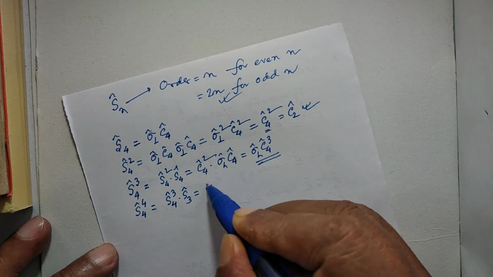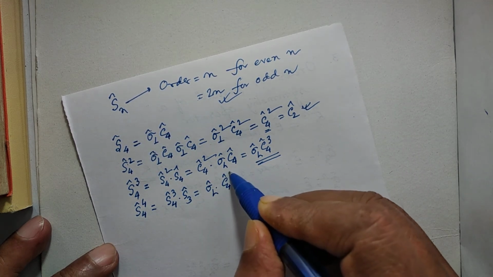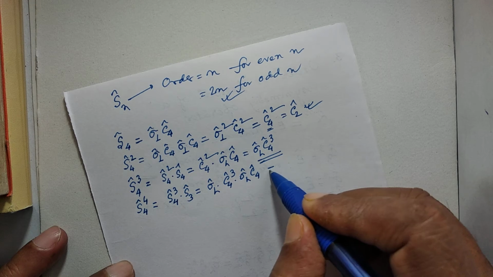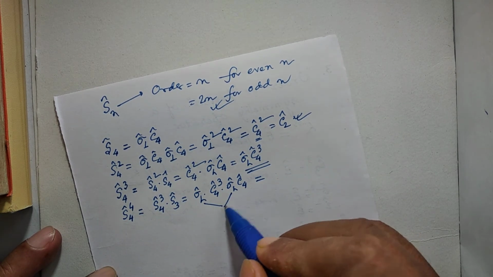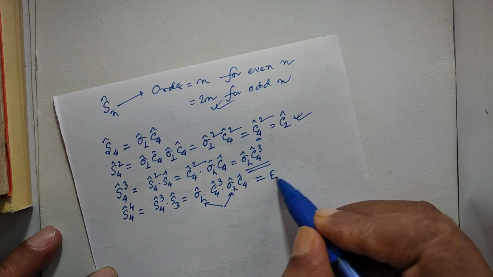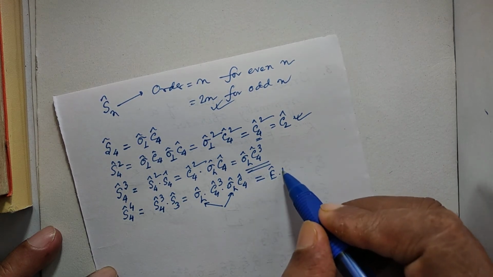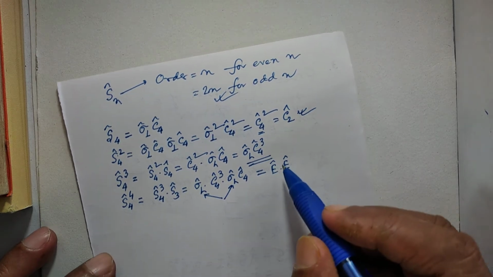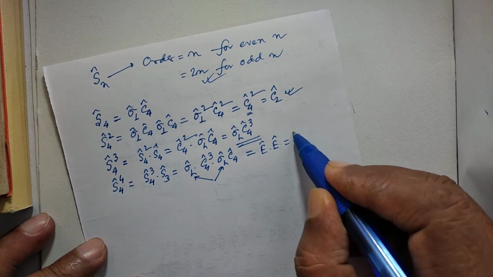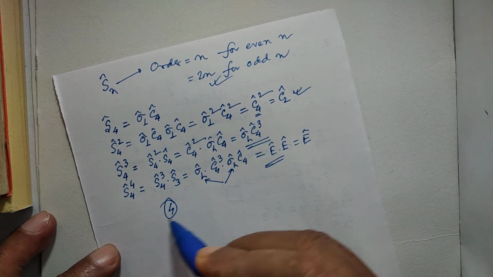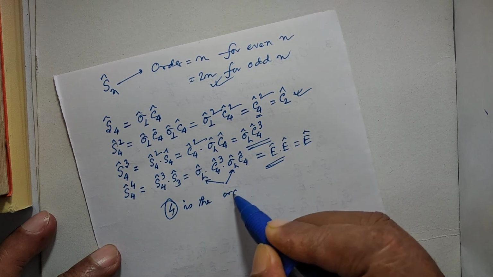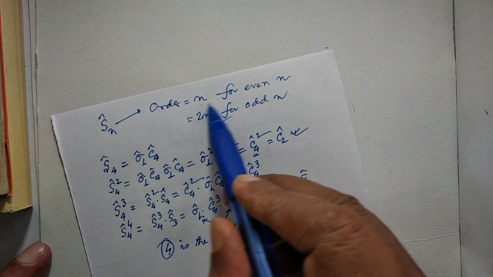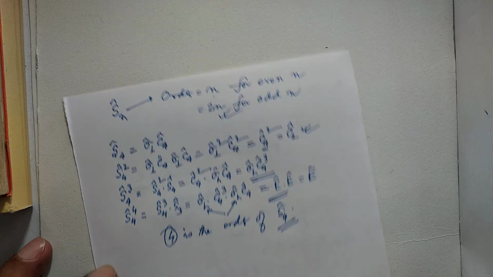This is sigma h C4 three times, again sigma h C4. These two will produce identity, and these two again will produce identity, C4 to the power 3 multiplied by C4. So finally we get identity. Therefore 4 is the order of the S4 operator. So this is verified. When n is even, n is the order of Sn.